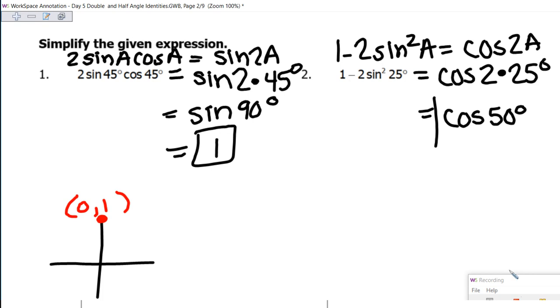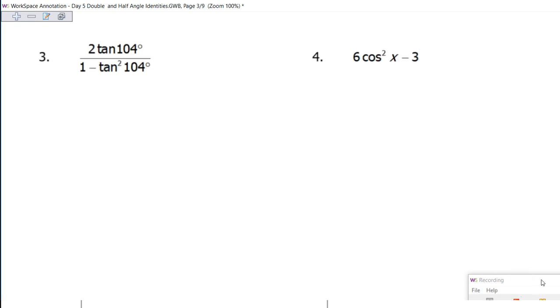Moving on, number 3. Now we have 2 tangent of 104 degrees over 1 minus tangent squared of 104 degrees. Again, this is not under a square root, so it's not a half angle identity. It must be a double angle identity. And is this the double angle identity for sine, cosine, or tangent?